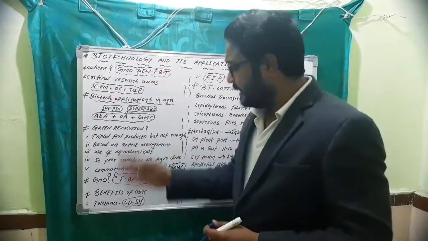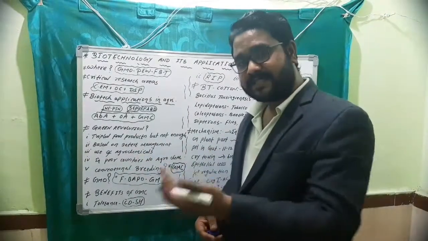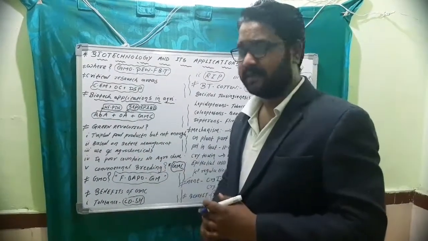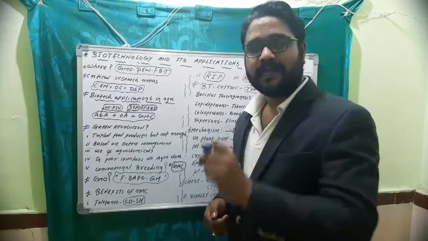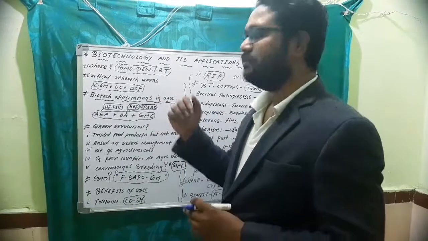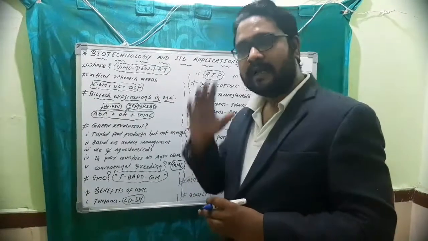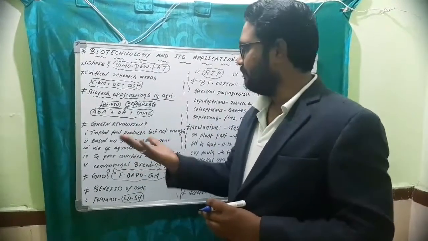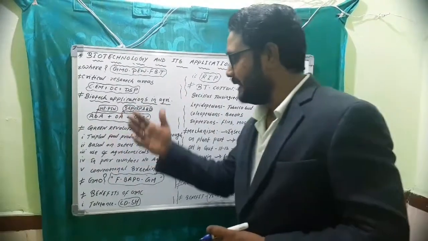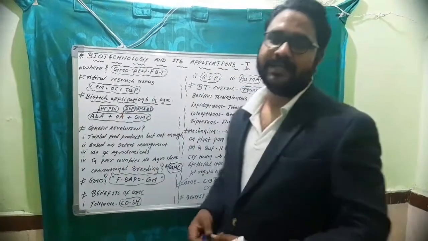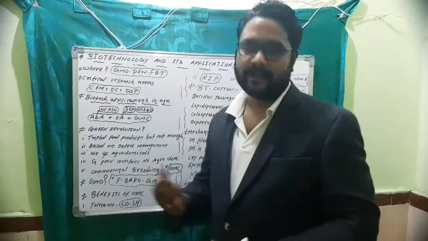In addition, the conventional plant breeding methods are not enough to produce a high quality crop. That's why we have to move to biotechnological ideas and research in the agricultural field to meet these limitations, and for that we have to create genetically modified organisms.